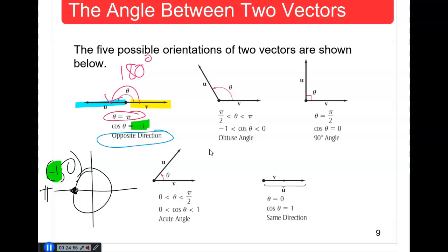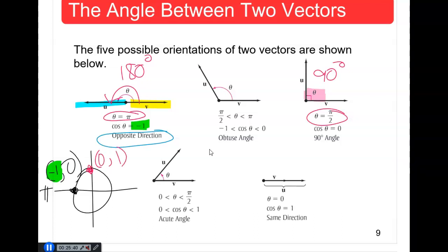Then if we have, let's go over the third one actually. If we have the angle equaling exactly 90 degrees, then we know that the cosine for 90 degrees, or for pi over 2, we will look at the x coordinate on the unit circle, which will be 0, comma 1.